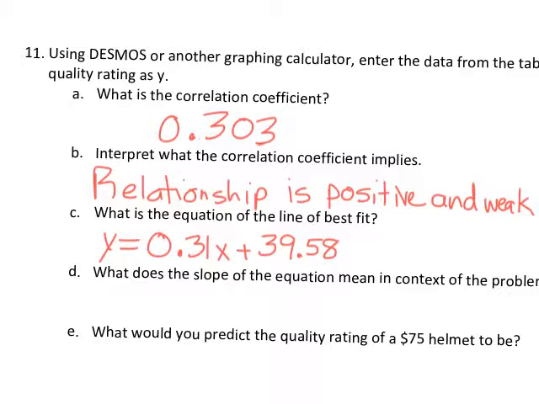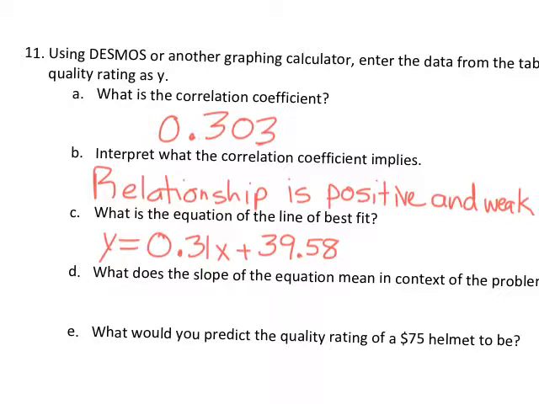I told you guys that X was the price and Y was the quality rating, but then in the graph on the notes, it flips those around. That's all right. We'll just roll with what we've been doing. So we'll just say X is the price and Y is the quality rating. So for every $1 that we spend, what's going to happen? Quality is going to go up 0.31. Okay?